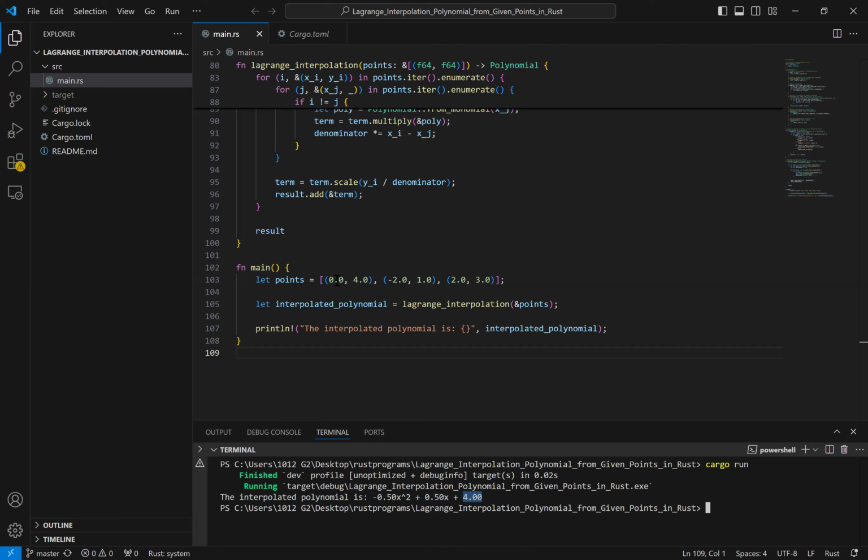You can change these points to anything you want, and it gives you the polynomial. Even this one can be 14. This can be even 5 or 3. This one can make it 17. This one can make it 20. This one can make it 33.